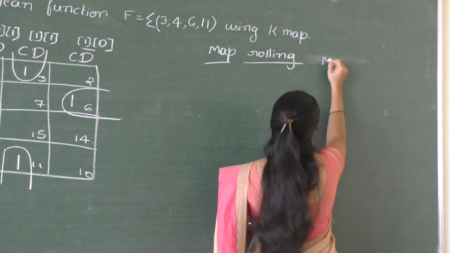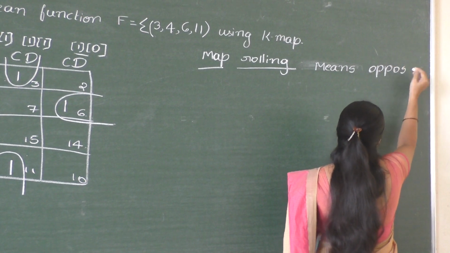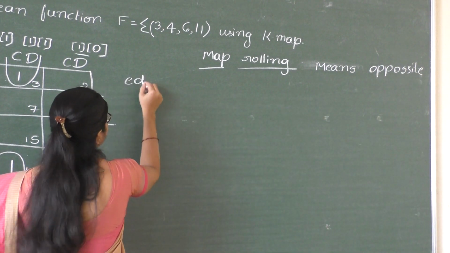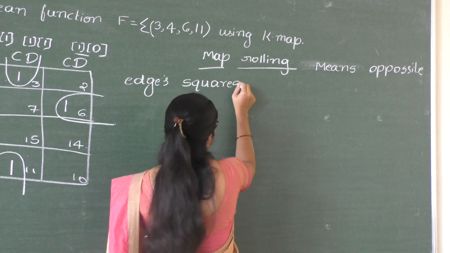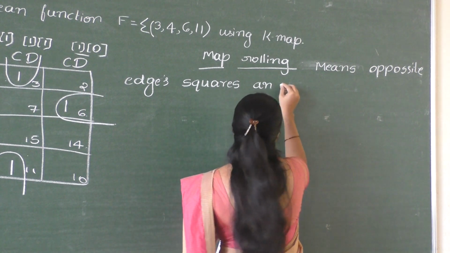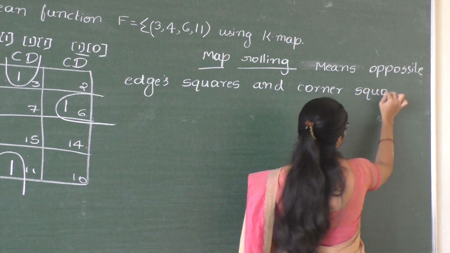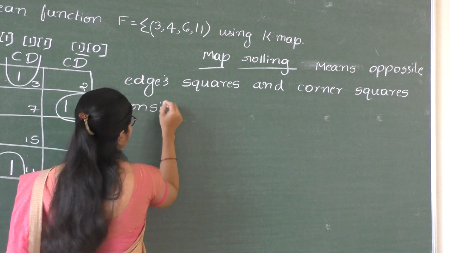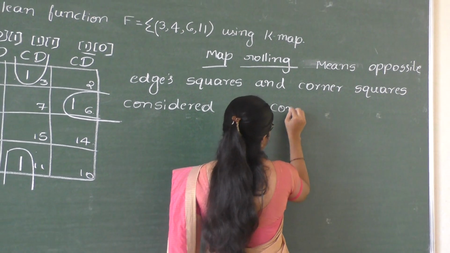In map rolling, or map rolling means opposite edges squares and corner squares considered as contiguous or adjacent.